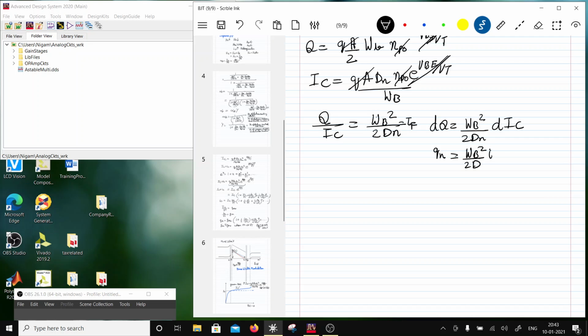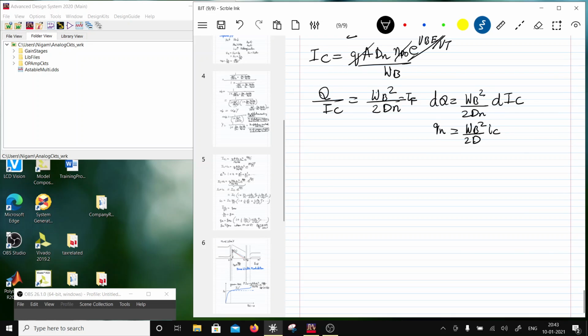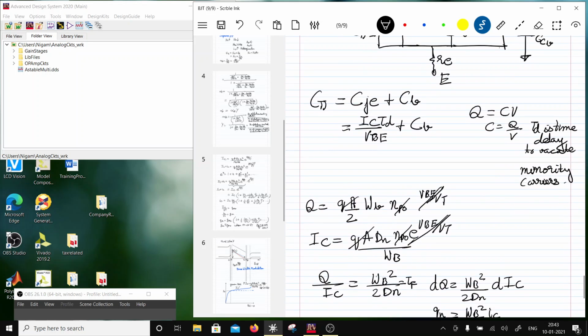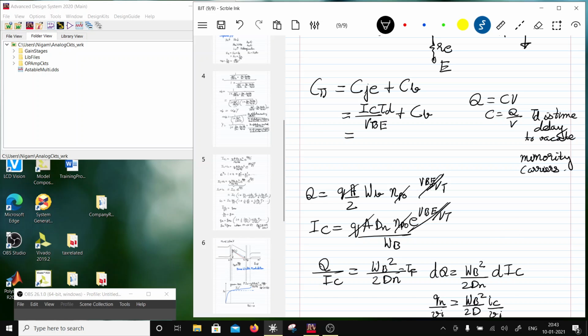So this is small signal IC, and if I divide this by VBE and this by VBE, then I'm left with CB equal to tau f times GM, right? So that's my answer here. So now C pi is equal to IC tau D divided by VBE plus tau F GM.